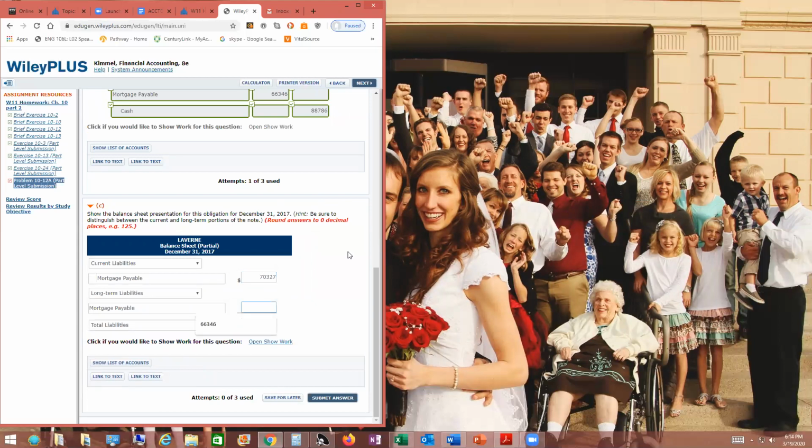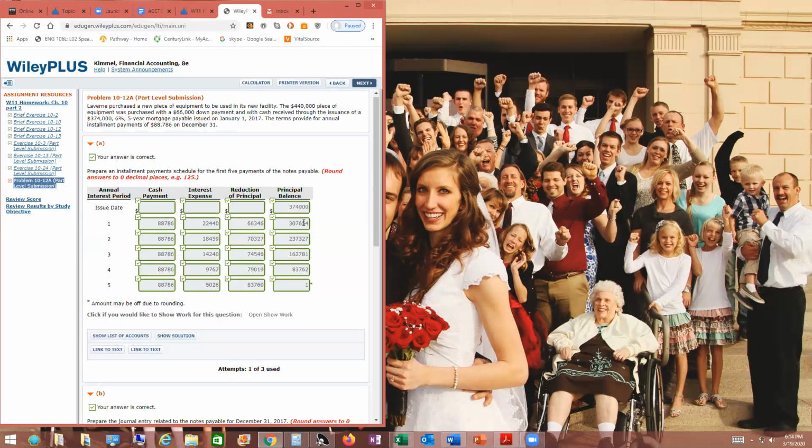Then the long-term one will be the difference between the principal balance of $307,654 and the amount of it that is current. That's that amount right there, 237. Okay. Yep. All right.